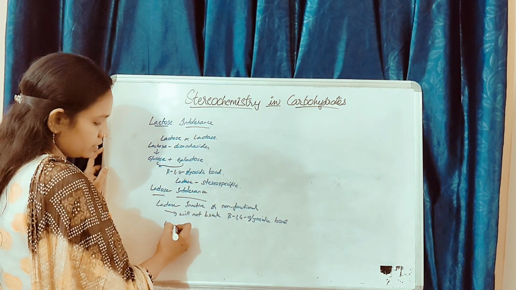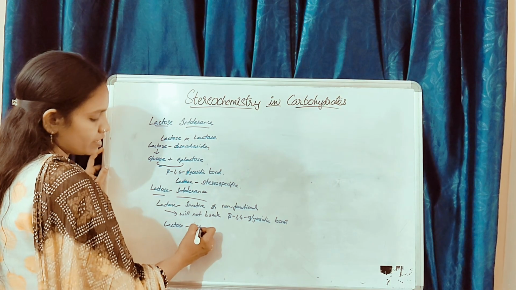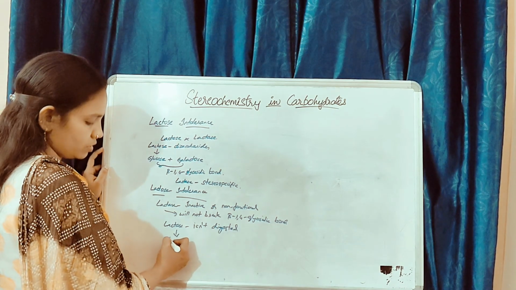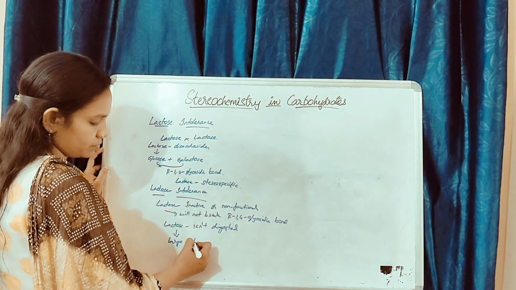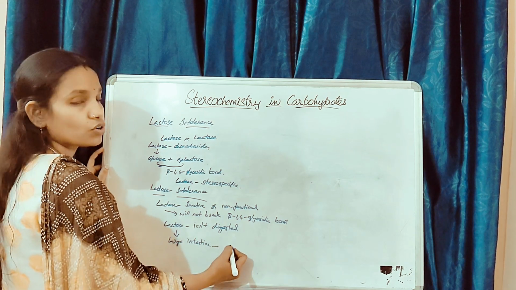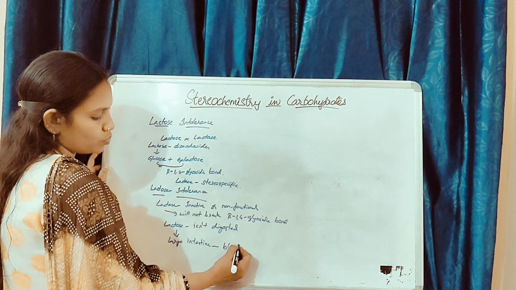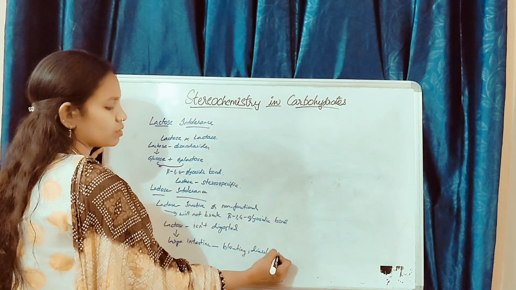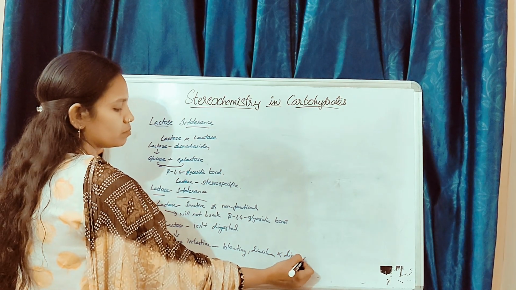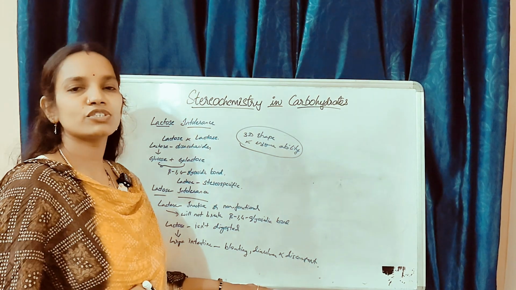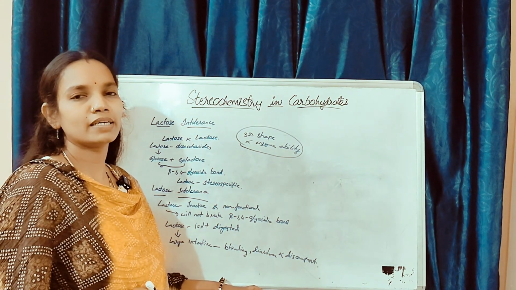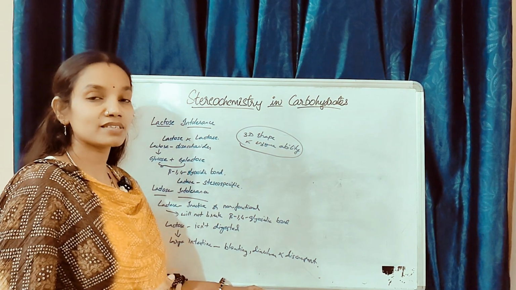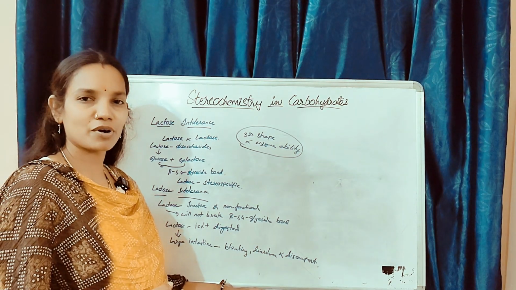The lactose isn't digested. Without digestion, it will move to the large intestine, which causes what? Bloating, diarrhea, and discomfort to the body. So it's not just the sugars that matter, but it's the 3D shape and the enzyme's ability to read the shape. So that's the magic of stereochemistry in carbohydrates.